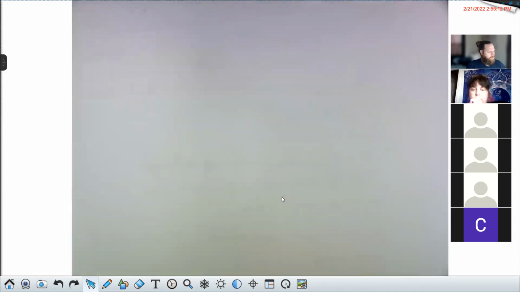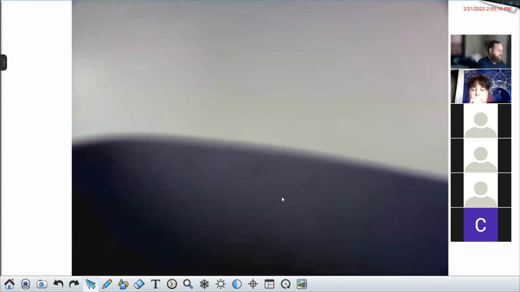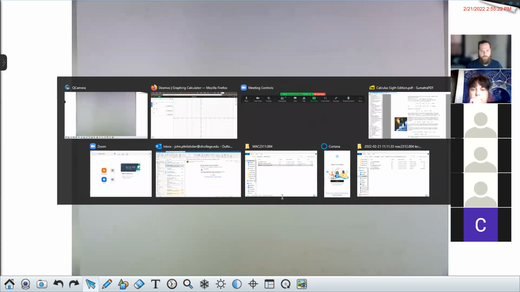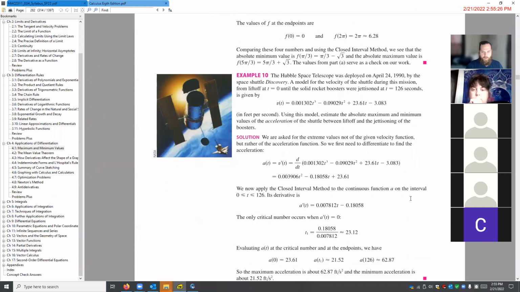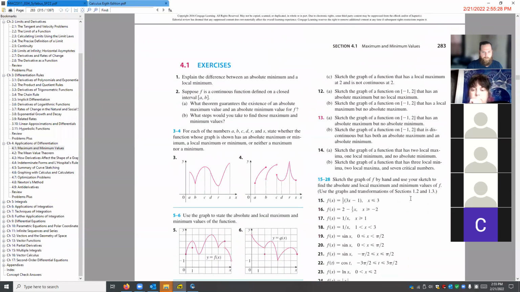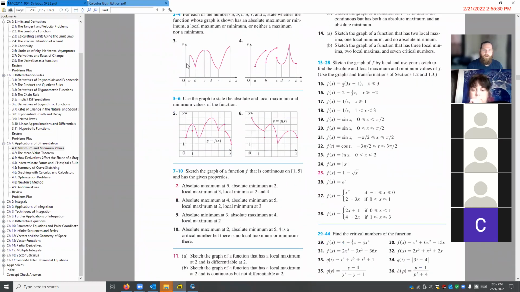There's not a whole lot more to the closed interval method, if I'm honest. It is possible that you can have extrema coming in the form of cusp points, and I do want to look at one of those. It looks like they don't have an example, but I'll grab one from your homework. So when you look at these, for example, in problem number 3, at x equals b, we have a local min here.